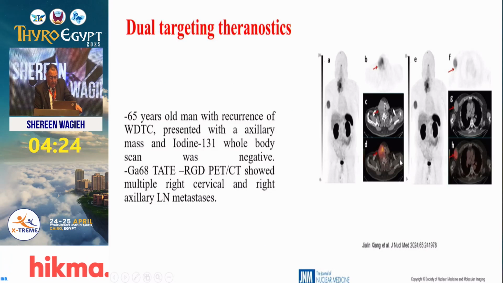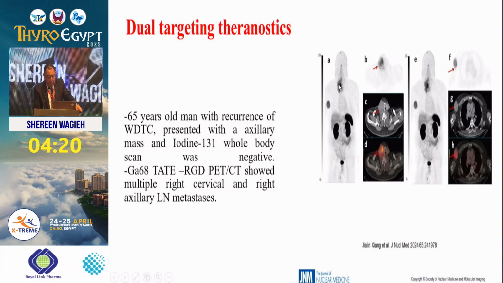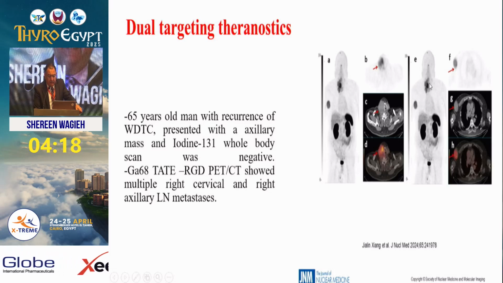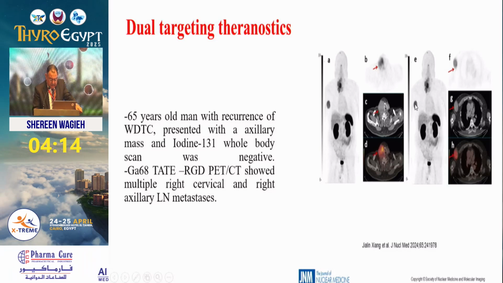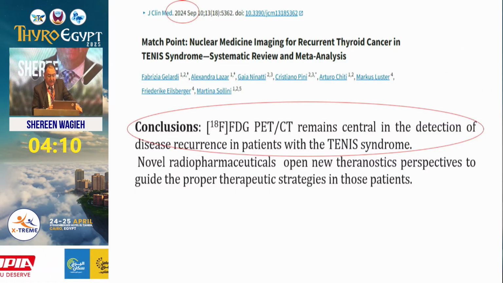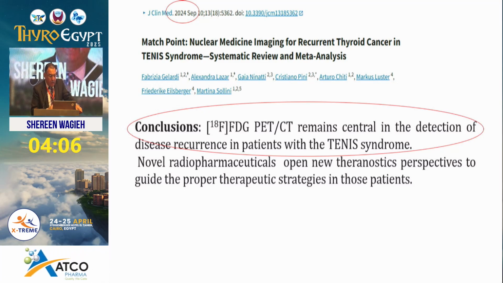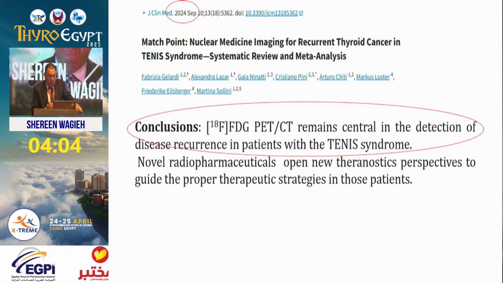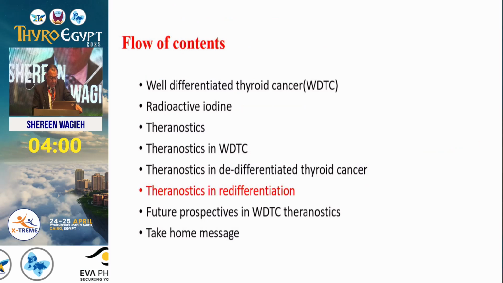This can be seen here with a negative iodine whole body scan, yet targeting two targets revealed intense uptake in a right cervical lymph node as well as a right axillary metastatic lesion. Finally, for those with TENIS syndrome, FDG PET-CT still remains central in the detection of disease recurrence, while novel radiopharmaceuticals open new theranostic perspectives to guide the proper therapeutic strategy for those patients.